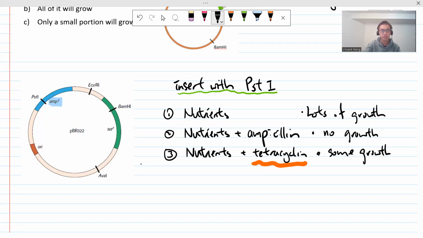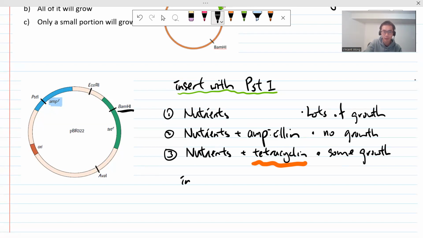Is it BamHI? That's right. That's the one. So if you insert the gene using BamHI, then ampicillin will be some growth, but tetracycline will be no growth.